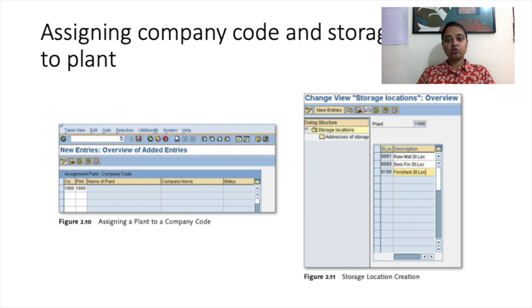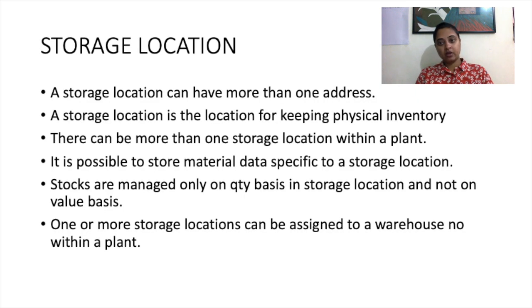There can also be more than one storage location within a plant. It is possible to store material data specific to a storage location. There can be more than one storage location assigned to a warehouse within a plant.